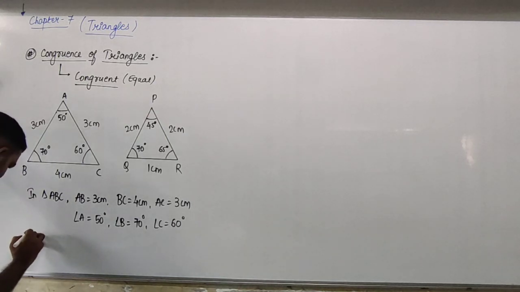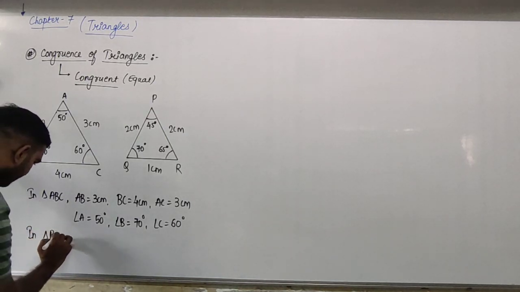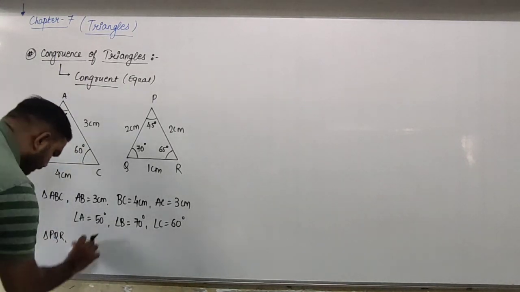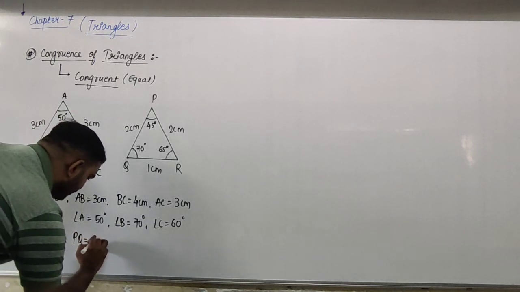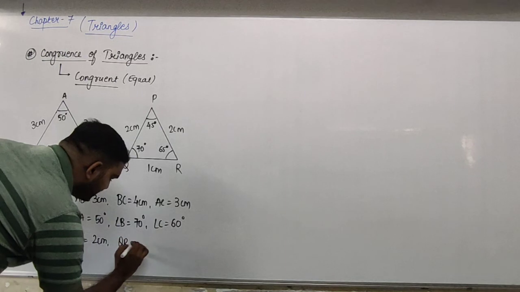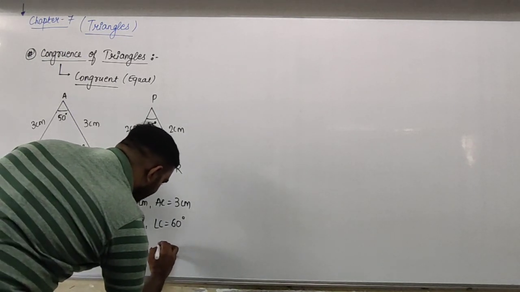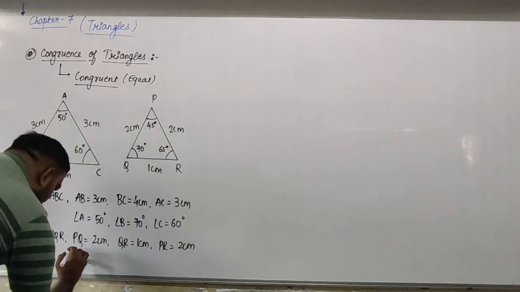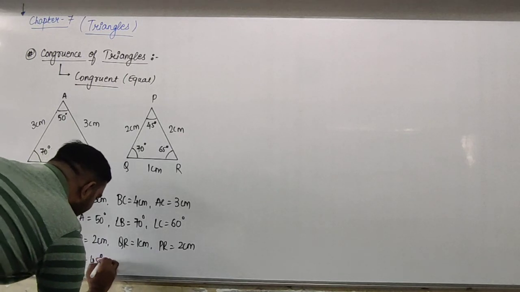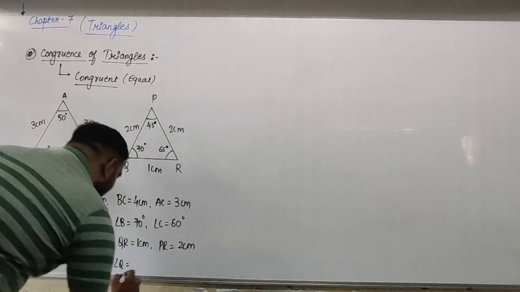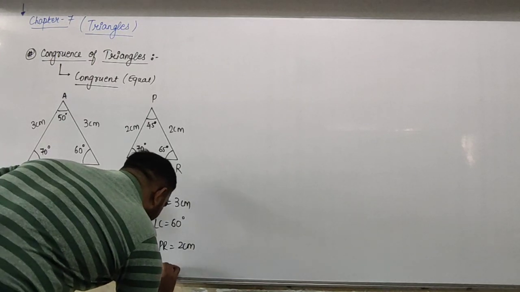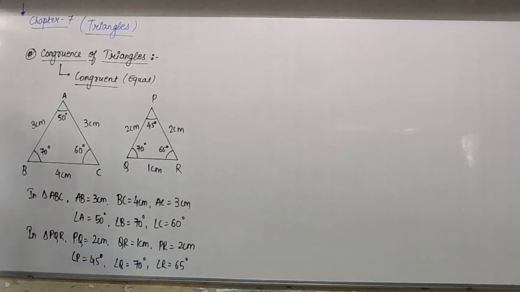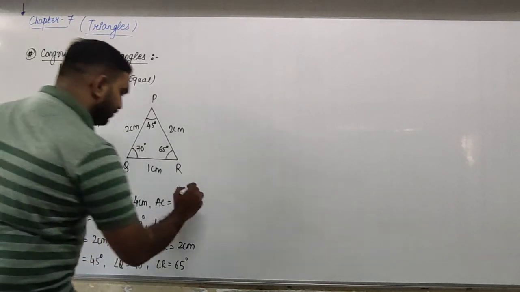Whereas in triangle PQR, PQ equals 2 centimeter, QR equals 1 centimeter, and PR equals again 2 centimeter. Angle P equals 45 degree, angle Q equals 70 degree, and angle R equals 65 degree. Right? So these are the criteria given to us.